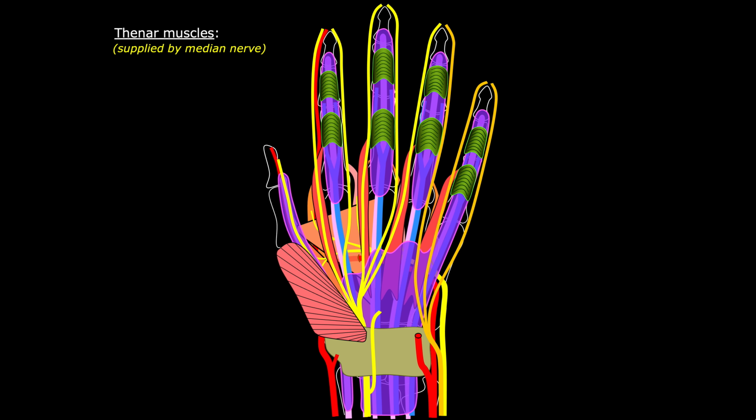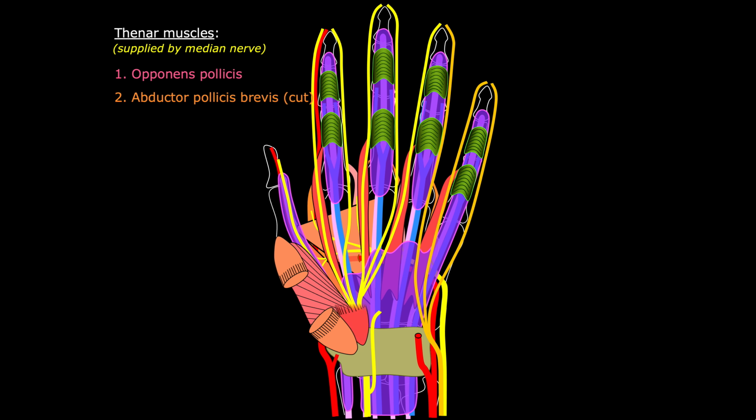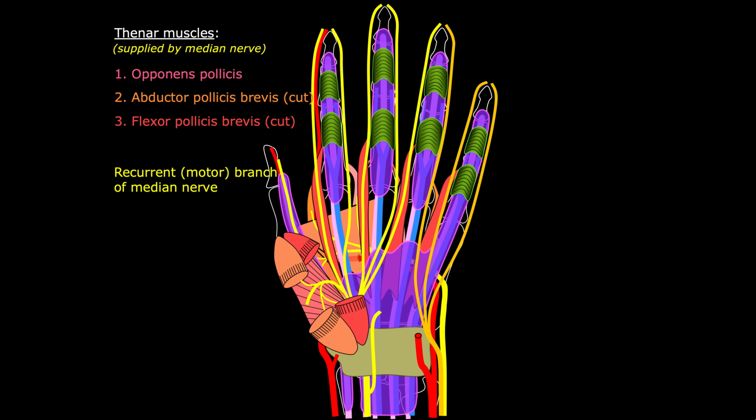And this is my opponens pollicis muscle, and above it a muscle which has been cut in between just to see the inside things. That is my abductor pollicis brevis. It has been cut, and then we can see this flexor pollicis brevis muscle. So that has been cut. Now let's look at this recurrent branch of my median nerve, and you can see that it's supplying all of them.